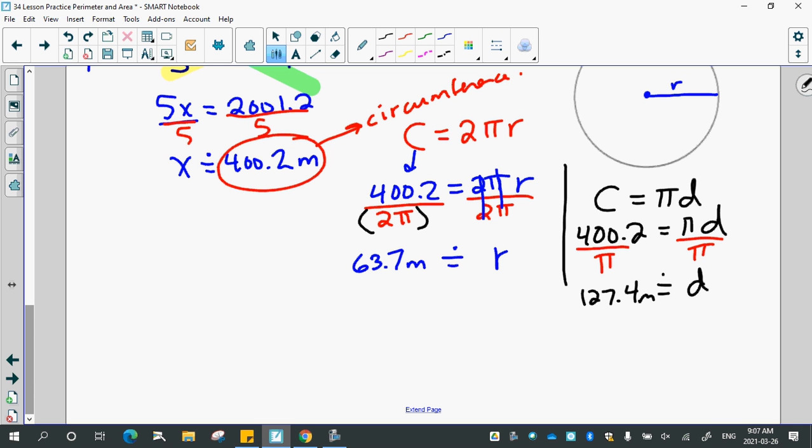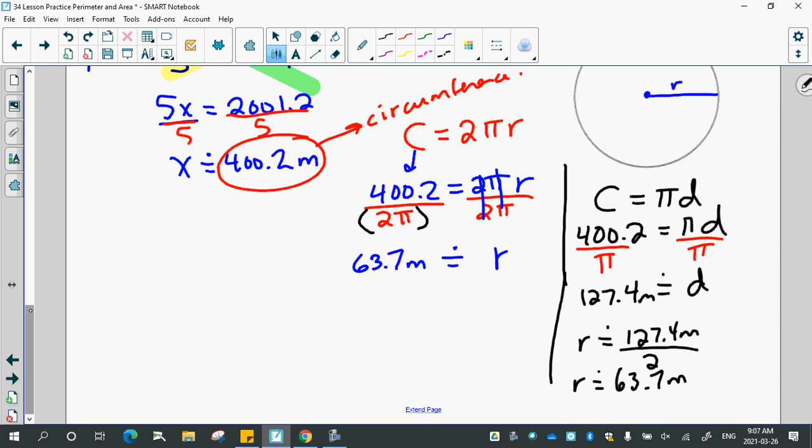And then to get radius, you would divide that by 2, which gives you the 63.7. So the way that makes you feel more comfortable is the way you should use. Both of those ways will get you to the answer. Okay.